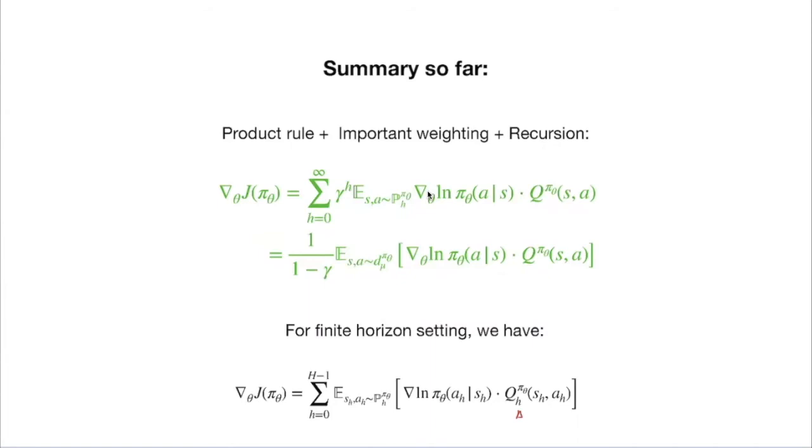Literally this is saying that I should adjust my parameter theta such that my new policy increases the likelihood of picking an action whose Q value is large, and I should decrease the likelihood of picking an action whose Q value is small. So that totally makes sense from the policy improvement perspective.